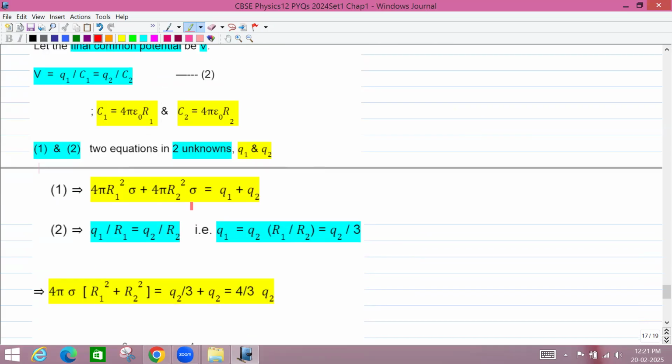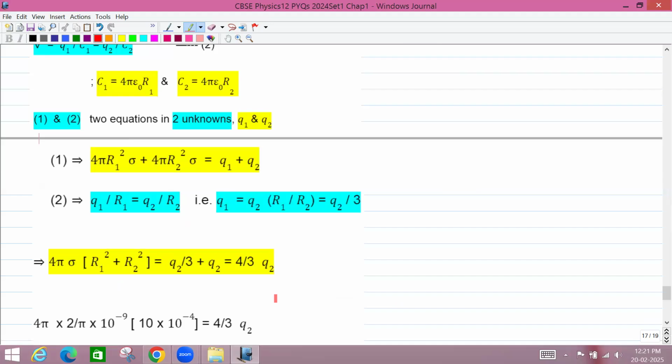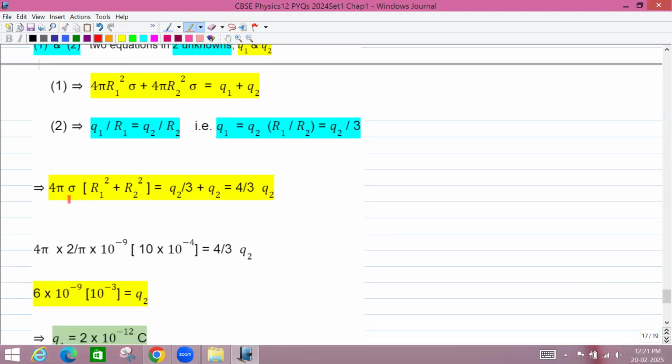So now, combining these two, I can take 4 pi sigma outside as common. Then R1 square plus R2 square equals q1 plus q2, which is q2 by 3 plus q2, so this will become 4 by 3 q2. 4 pi sigma is given in the question as 2 by pi into 10 to the minus 9. R1 square is 1 square, plus 3 square, so it will become 10 centimeter square.